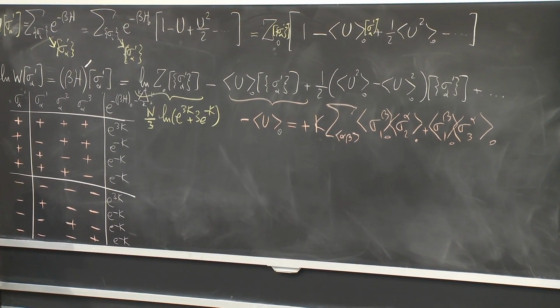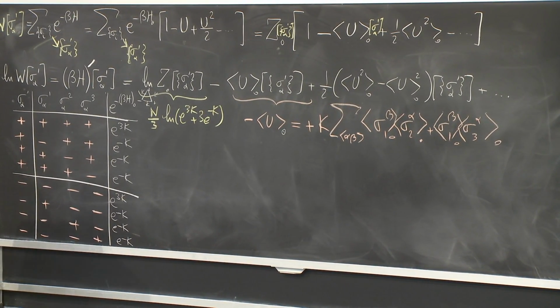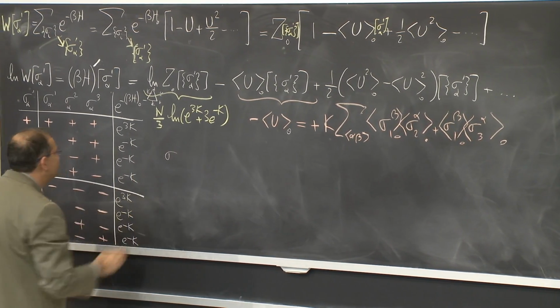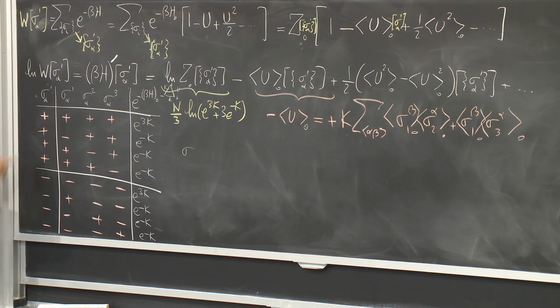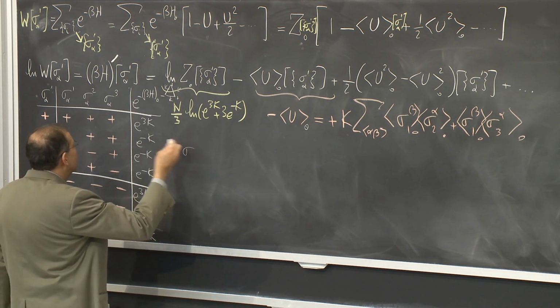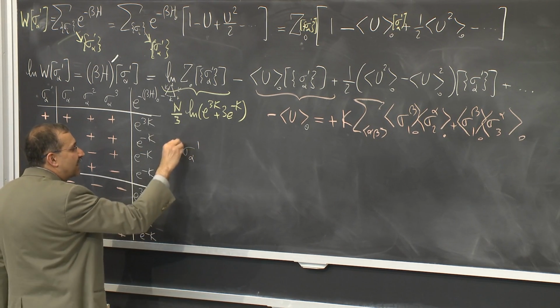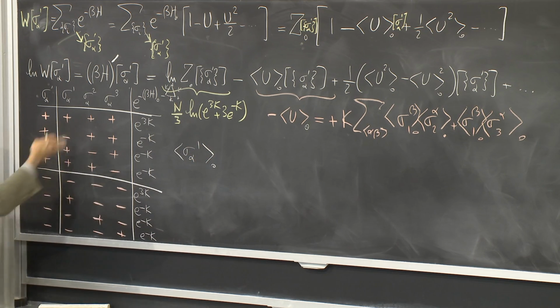So all I need to do is to calculate the average of one of these columns, given that I have specified what the cell is. So let's pick, let's say, sigma alpha 1 average in this zeroth order weight.